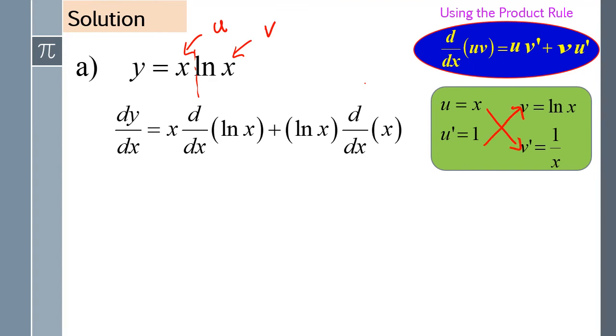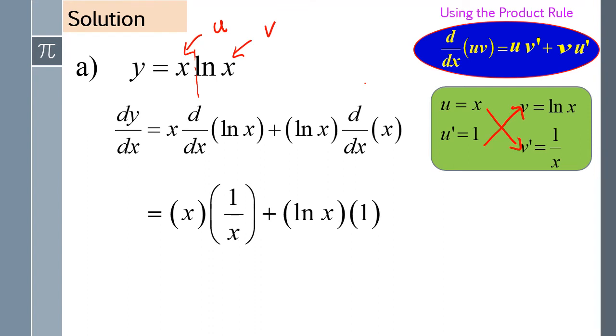Okay, now we simplify and then we put into this equation. So we have x times 1 over x plus ln x times 1. Then we solve for this example, we get 1 plus ln x.